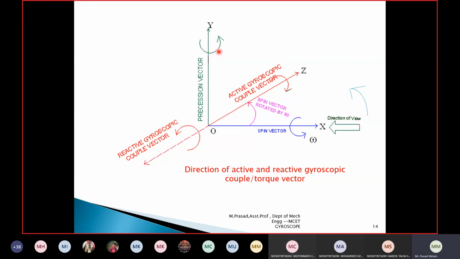Means along the precession axis. Now, is the precession axis moving upward or downward? Here my precession axis is moving upwards. Means the vector I need to represent has to rotate in clockwise only. So from this end, again see your thumb rule. Keep the pen in vertical position. You can demonstrate this. Keep your pen in vertical position and try to rotate it.